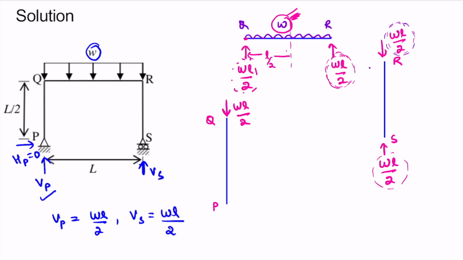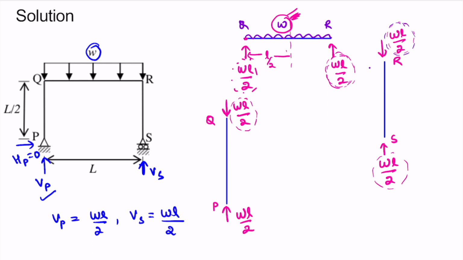There is no horizontal force at joint Q, so there will be no horizontal force getting transferred. Now let us satisfy all the equilibriums for this column QP. At this end it is downward WL by 2, so at P it will be upward WL by 2. Other than this, there is no horizontal force and there is no moment. So we have made the free body diagram for all the columns and beam.